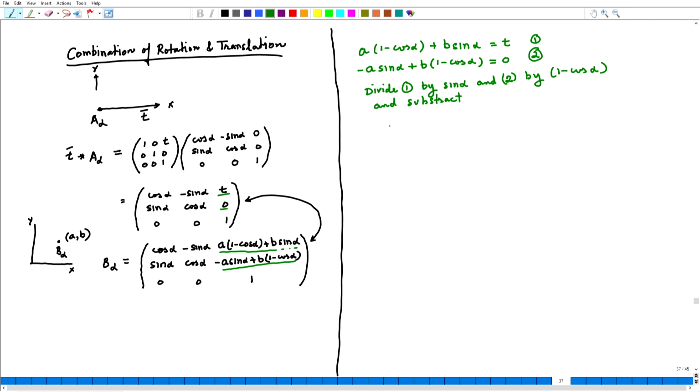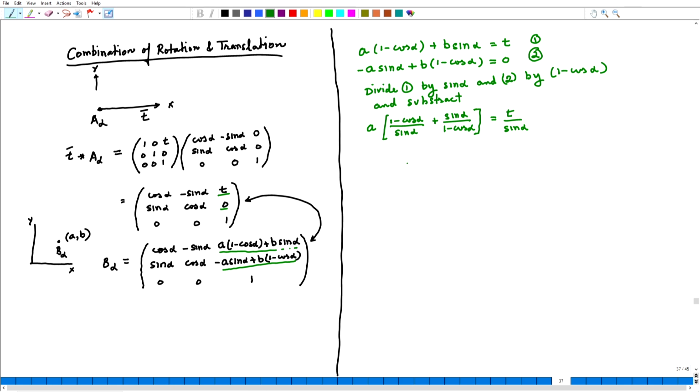If we do this, the result would be A times 1 minus cos alpha upon sin alpha plus sin alpha upon 1 minus cos alpha, and this would be equal to T divided by sin alpha.